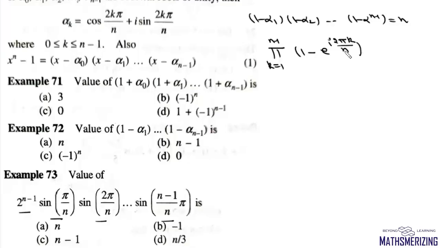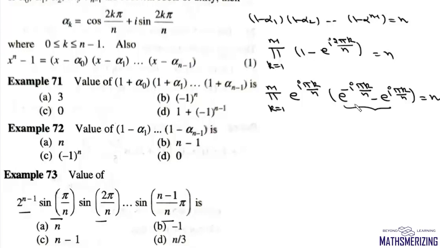Now what we'll do is take e^(iπk/n) common. So we can write the product, k varies from 1 to n minus 1, of e^(iπk/n) times (e^(−iπk/n) − e^(iπk/n)), and this value will be equal to n.